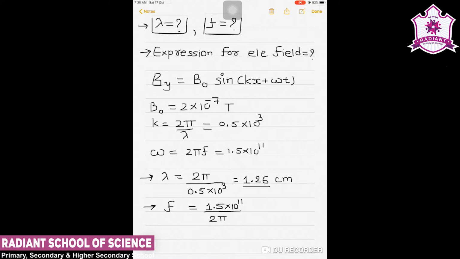That comes to 23.9 into 10 raised to 9 hertz, which can be written as 23.9, or tentatively 24 gigahertz. So this is the answer for lambda and frequency.